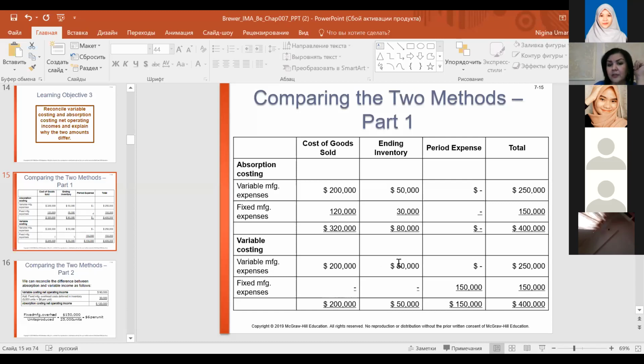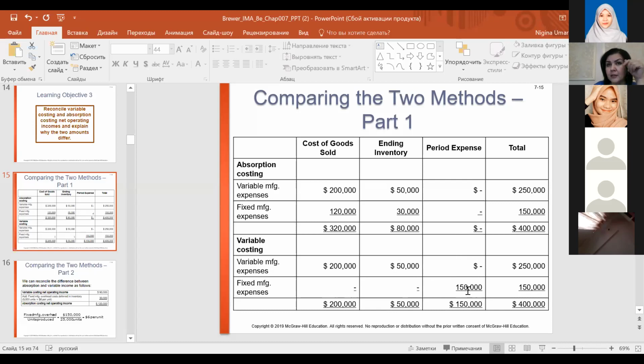So ending inventory also only includes 50,000 of variable manufacturing, and in period cost we subtract the full amount of fixed manufacturing expenses.